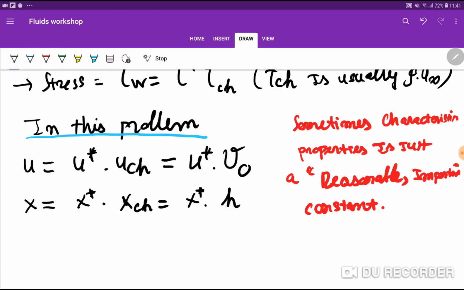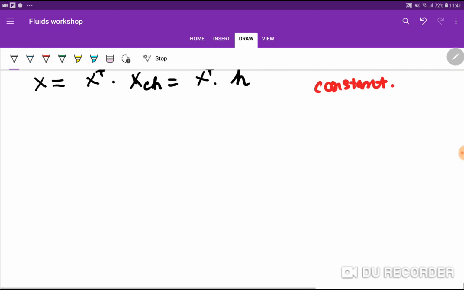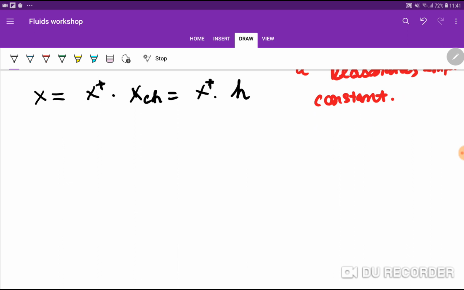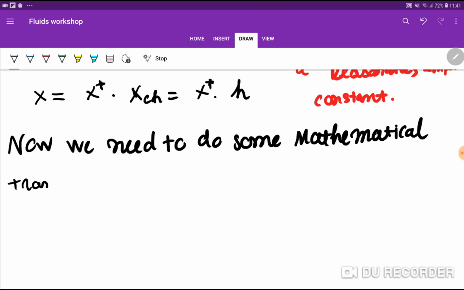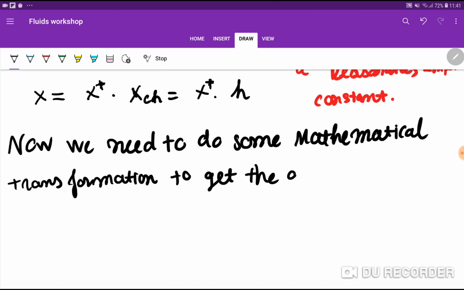Okay. Now, if you want to create some dimensionless groups, you have to do some math, some transformation. Unfortunately. So now we need to do some mathematical transformation to get the dimensionless profile.